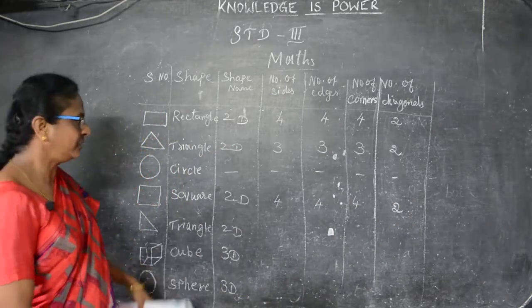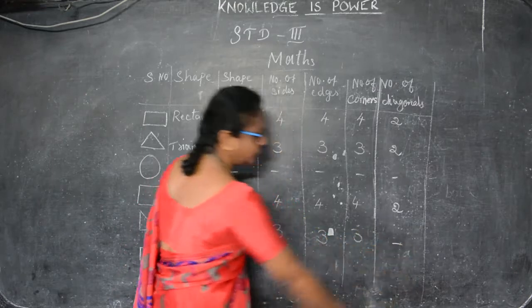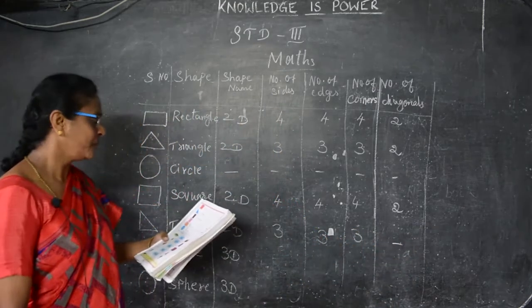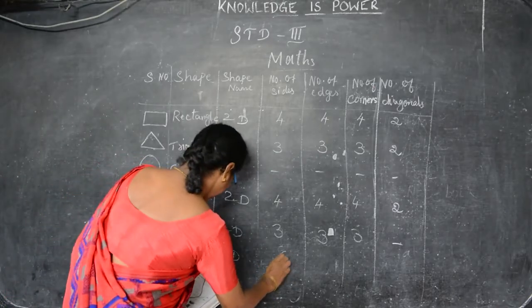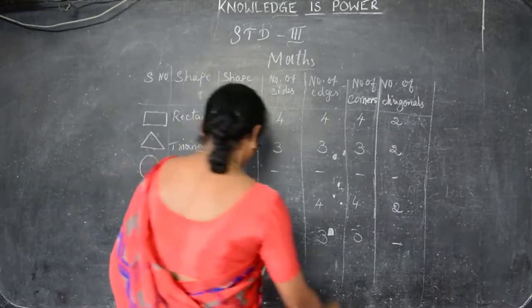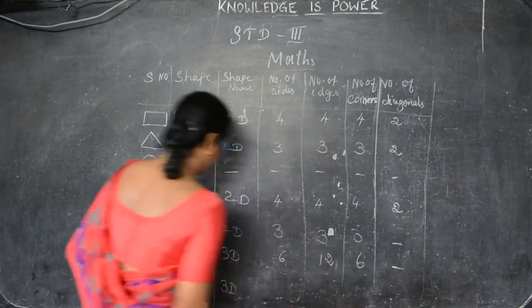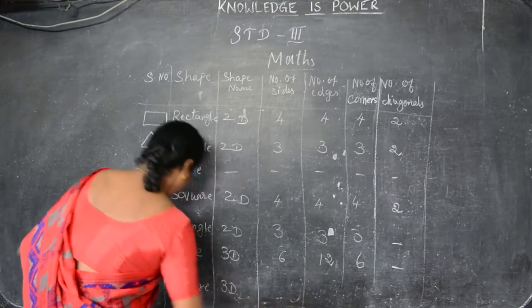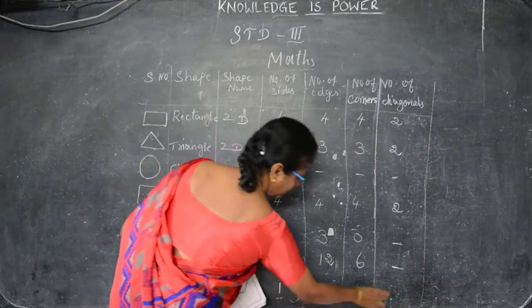And in triangle, same thing, 3 sides, 3 edges, 3 corners and no diagonals. And in cube, 6 faces, 12 edges, 8 corners and no diagonals. And in sphere, only 1 face and no edges, no corners.